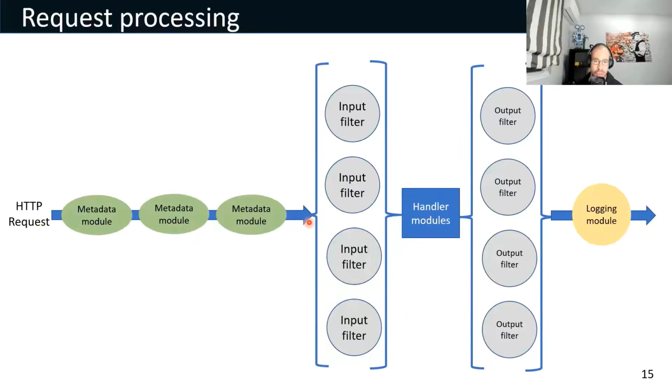Then the output of the metadata modules will be processed by the input filters. After this, the request is processed by the handler modules and by the output filters. And the last stage is the execution of the logging modules.